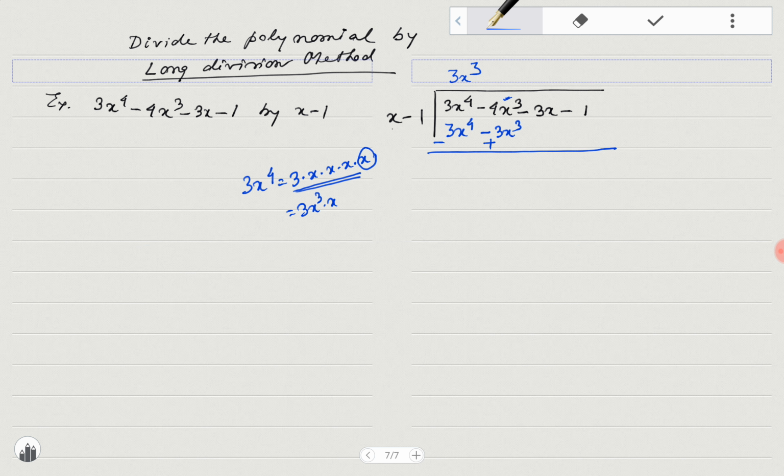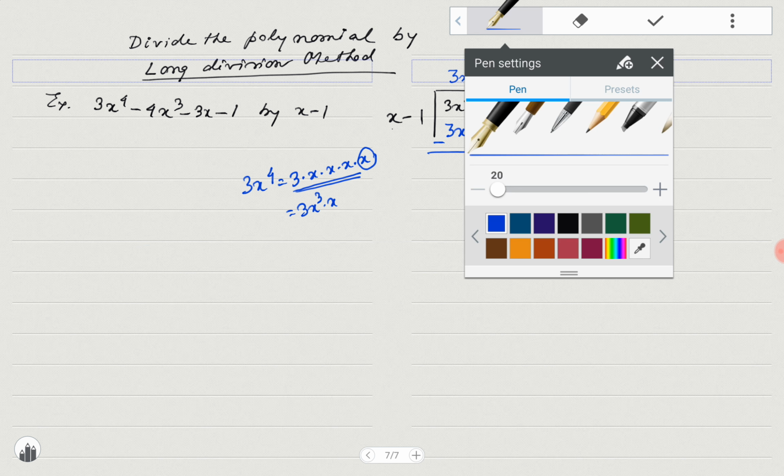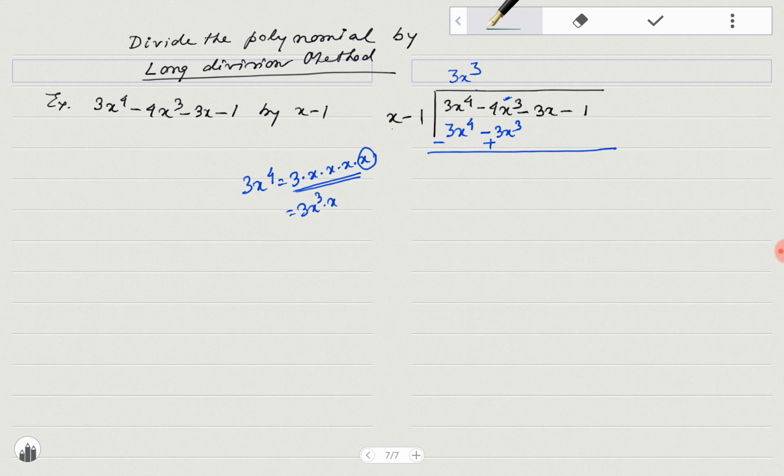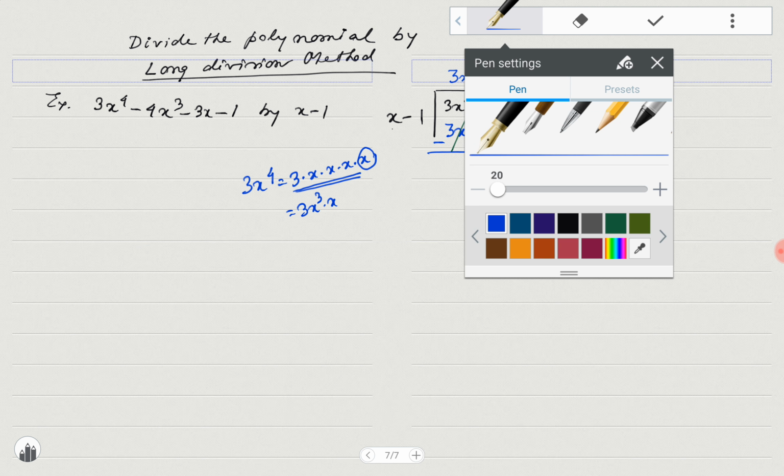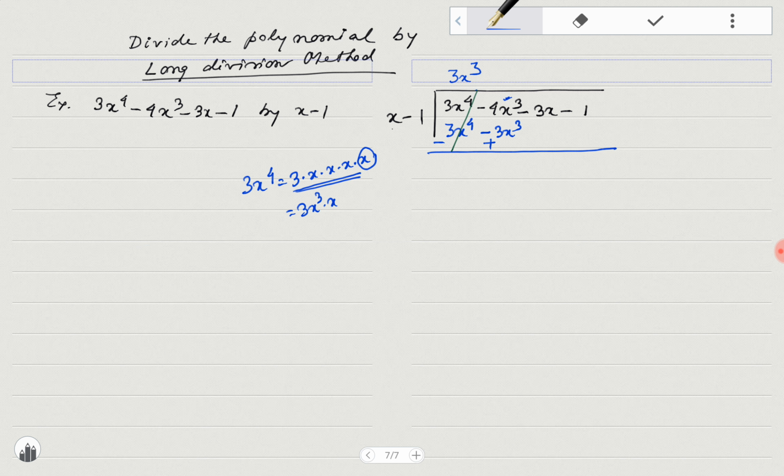So this cancels out. Now what is the remainder? x cubed minus 4x cubed plus 3x cubed. The remainder is minus x cubed minus thrice x minus 1.